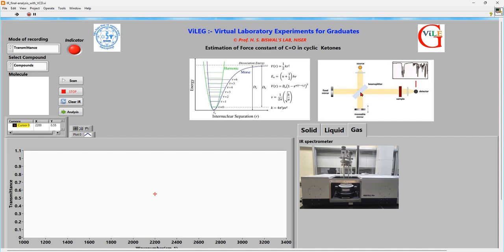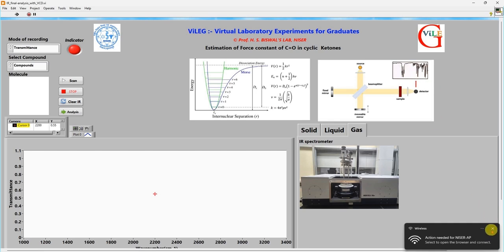So we obtain a complex interferogram which contains all the information about the IR frequency, and which is then passed through the sample, which absorbs the IR radiation, and then finally the infrared radiation reaches the detector. Here we obtain a complex interferogram, then it is Fourier transformed to the IR spectra.